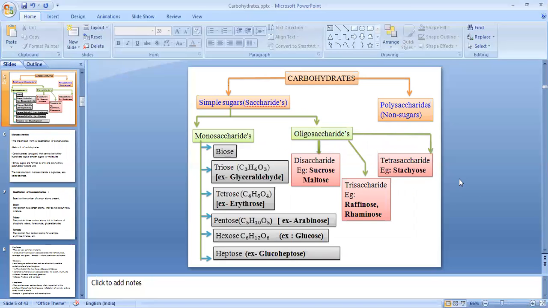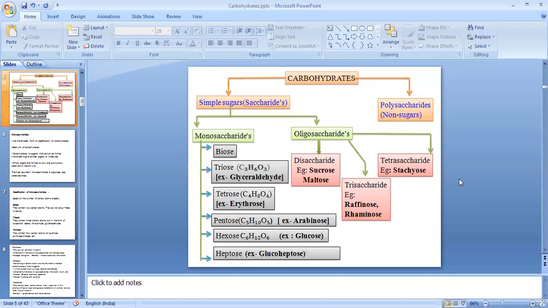Next, we'll see about the carbohydrates classification. Carbohydrates are divided into two categories. One is the simple sugars, called saccharides, and the next class is the polysaccharides, which are called non-saccharides. The simple sugars are substances considered to be the lower molecules of carbohydrates.